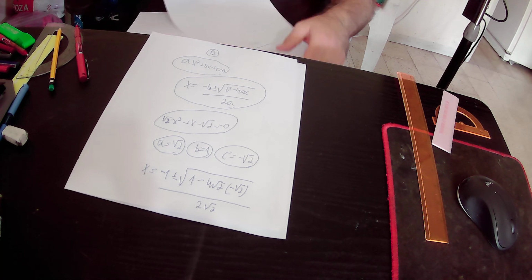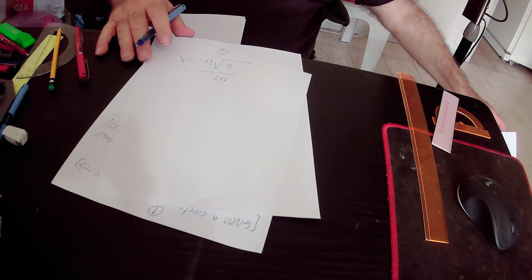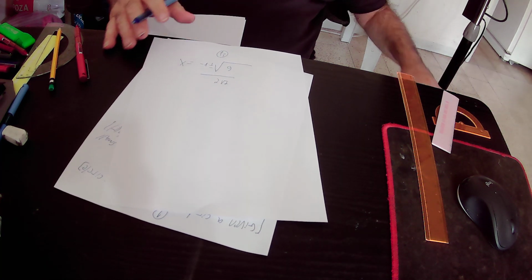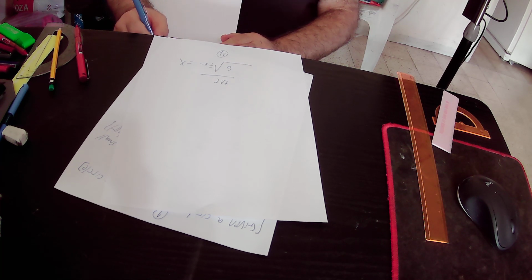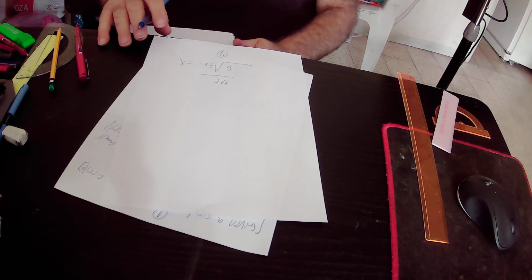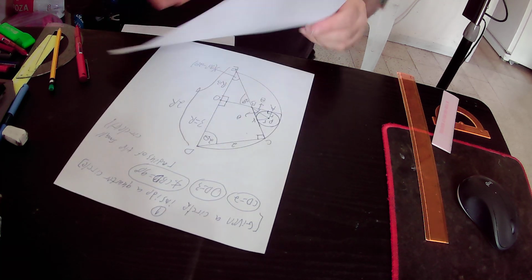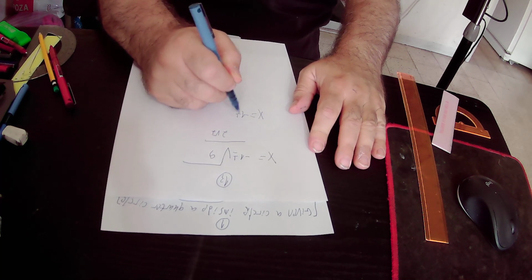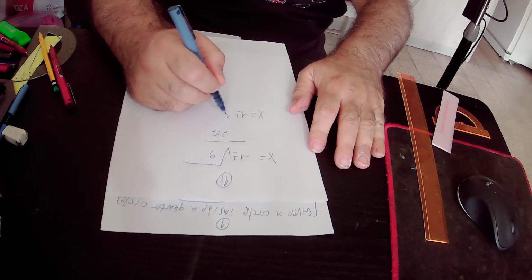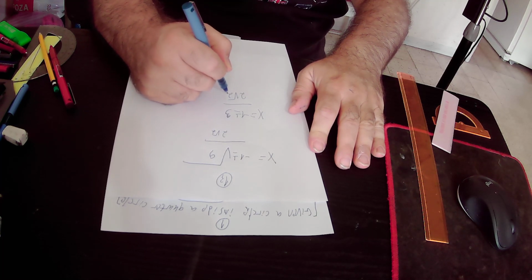So in total we got that x equals minus 1 plus minus root 9 over 2 times root 2. Okay, so root of 9 is 3, so I write down that x equals minus 1 plus minus 3 over 2 times root 2.